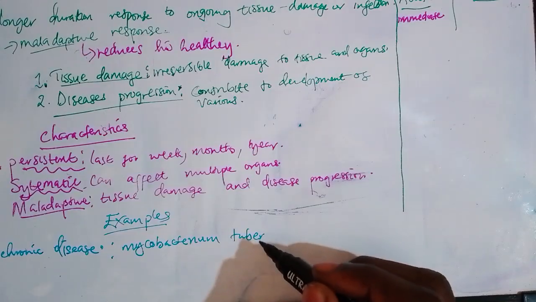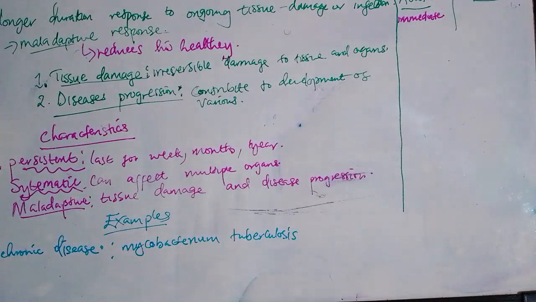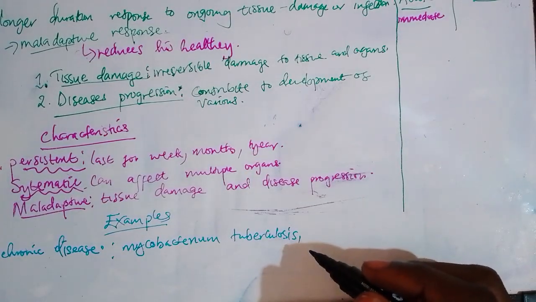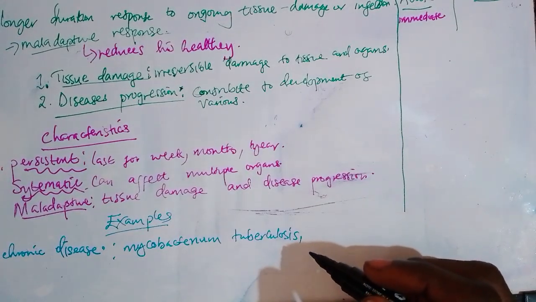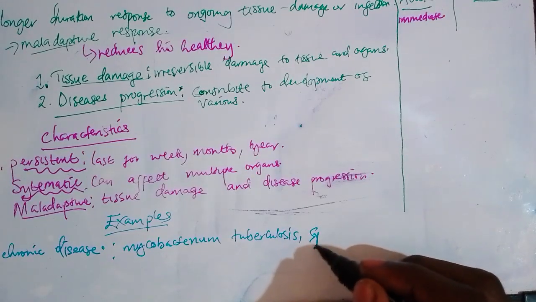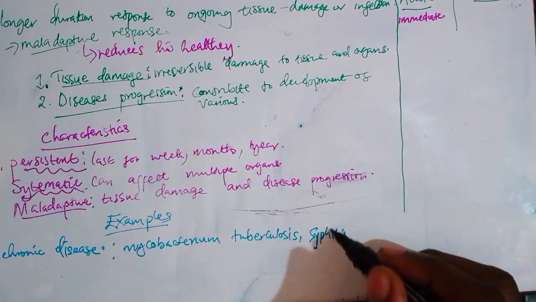So TB in short is one of the what? One of an example of chronic inflammation. Then we also have another what? Another bacteria or another disease which is an example of chronic inflammation, which is syphilis. So whenever you hear syphilis, just remember that, oh, this is what?